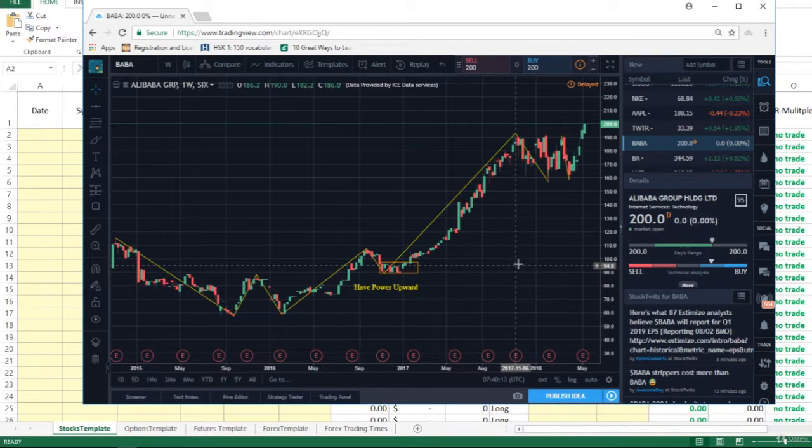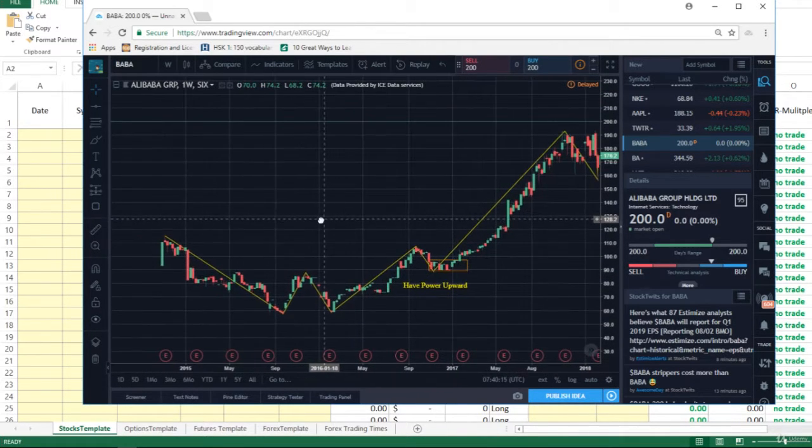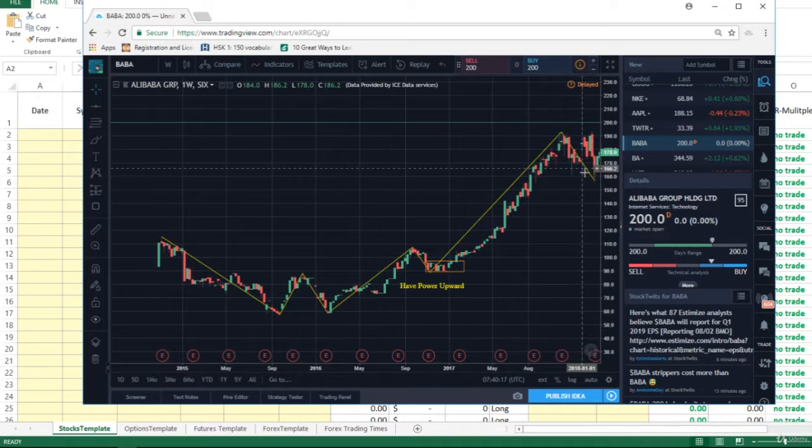But assume that this stock is still at this level and we want to key in our entry. First, we have to determine where our stop loss is. In order to determine our stop loss, we have to determine the various horizontal support and resistance.